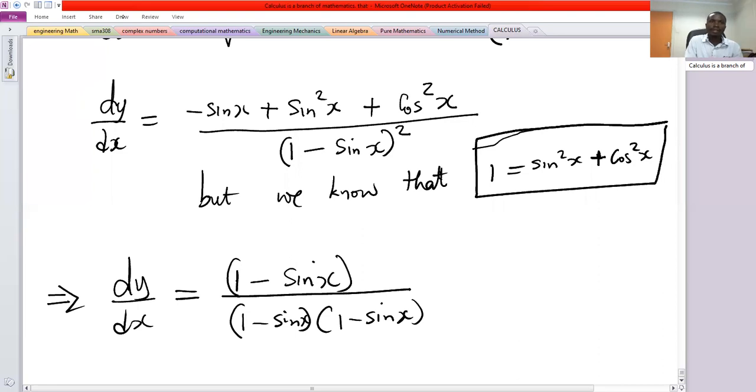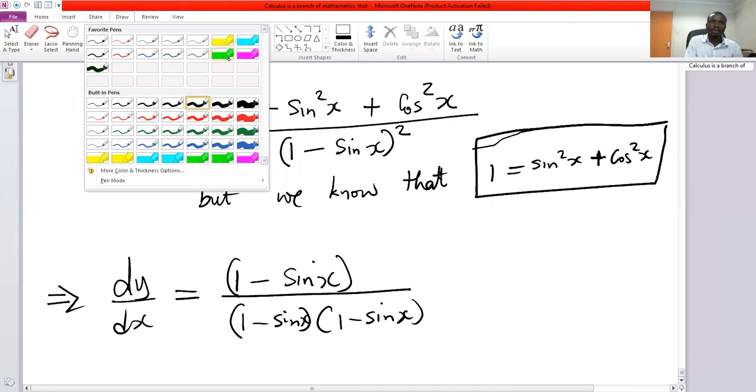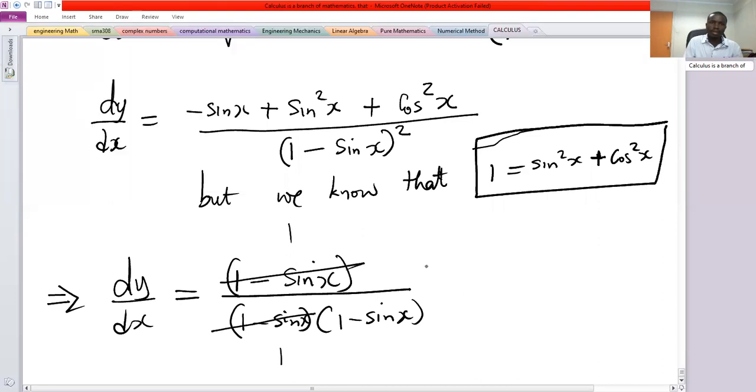And this now enables us to have this, and this cancels out. And then the answer will be 1 over 1 minus sine x. So that will be the solution for that problem.